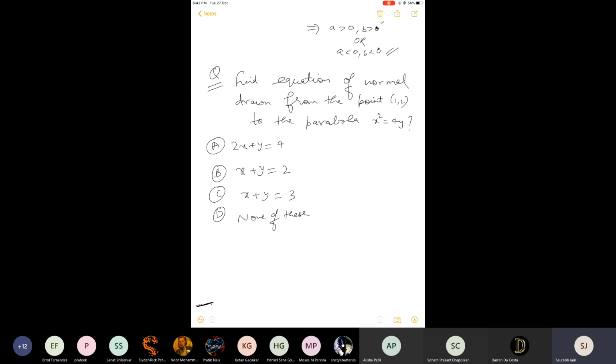Can anyone tell me how you will solve this equation? How will you get the equation of the normal?